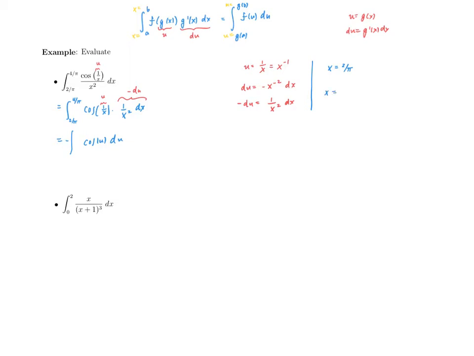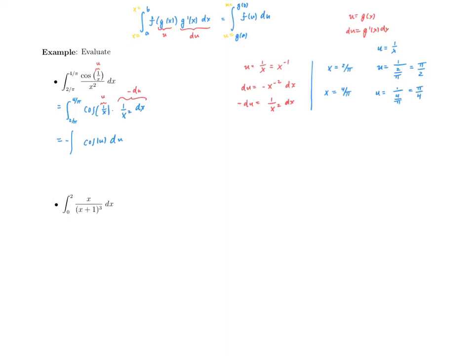The upper limit of integration is 4 over pi. Our substitution is u equals 1 over x. So if x is 2 over pi, dividing by a fraction is multiplying by its reciprocal. Similarly, if x is 4 over pi, u is equal to pi over 4.